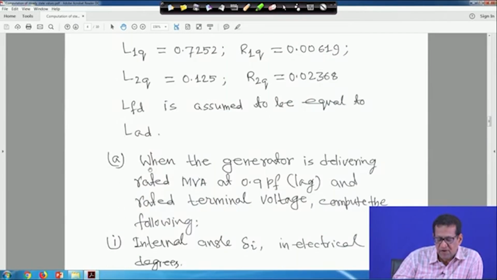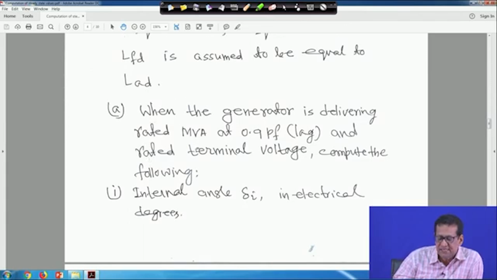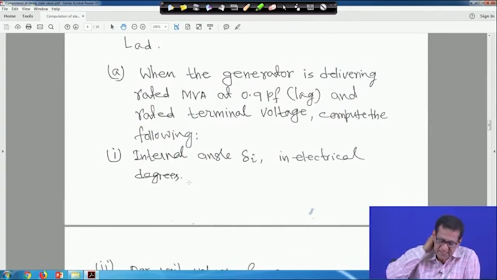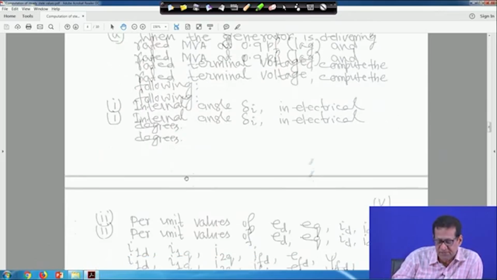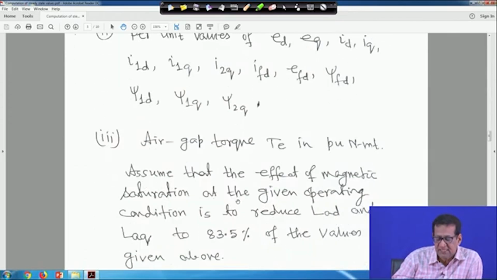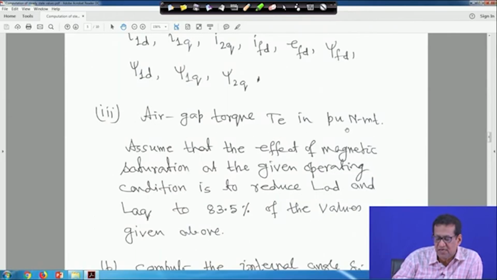Now, part A, when the generator is delivering rated MVA at 0.9 power factor lagging and rated terminal voltage, compute the following. 1. Internal angle delta I in electrical degrees. 2. Per unit values of ED, EQ, ID, IQ, I1D, I1Q, I2Q, IFD, EFD, psi FD, psi 1D, psi 1Q and psi 2Q. 3. Air gap torque T in per unit and Newton meter, right.